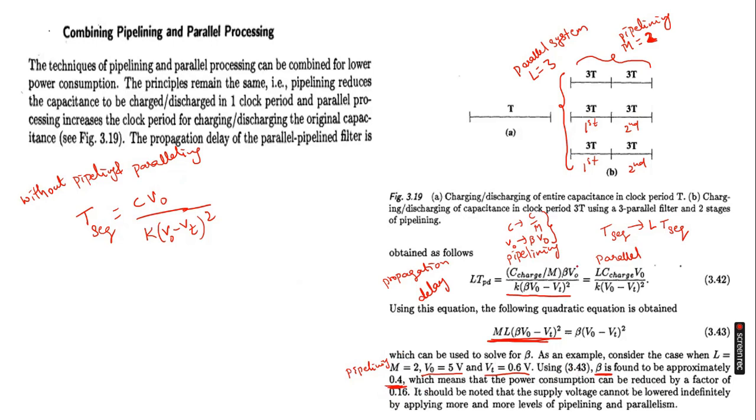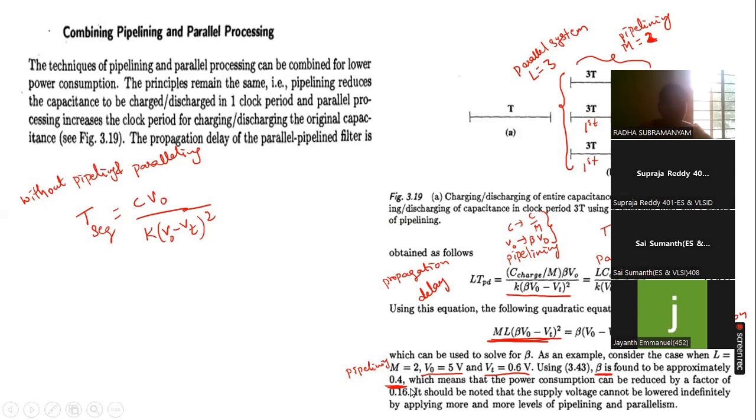Right side, I have the equation for pipelining and parallel processing. 3.43 is the final equation. Okay. After equating the RHS, when you substitute all the values, beta is coming out as 0.4.